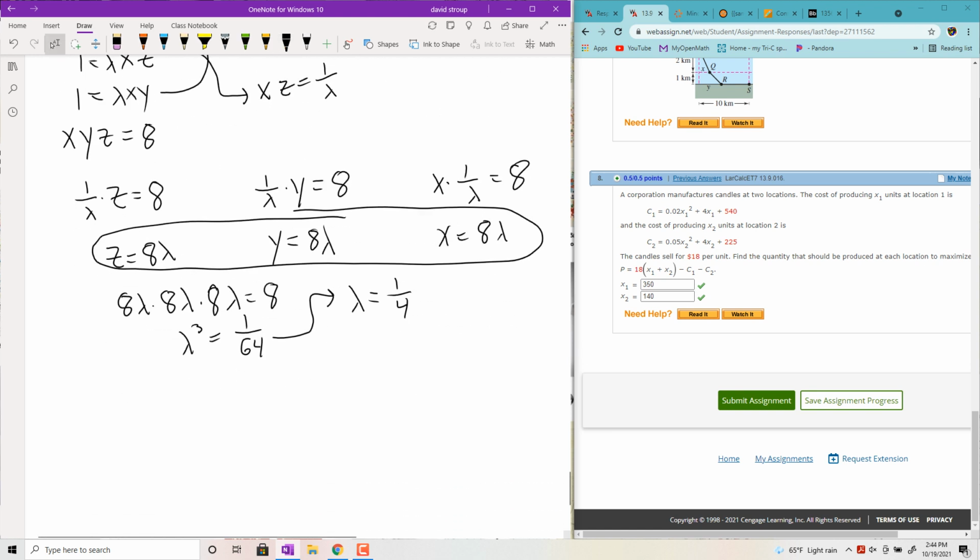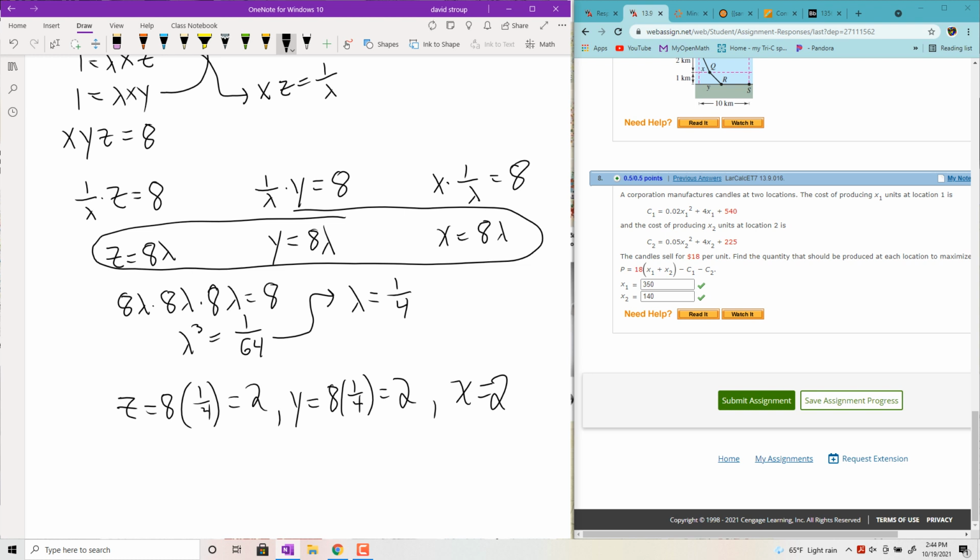So there's no real program, in my opinion. I just fiddle around with the system until I get my answers. Z is 8 times 1/4, which is 2. Y is 8 times 1/4, they're all the same, which is 2, so x is also 2. So 2, 2, 2 is our optimal solution, and that would do it, okay?